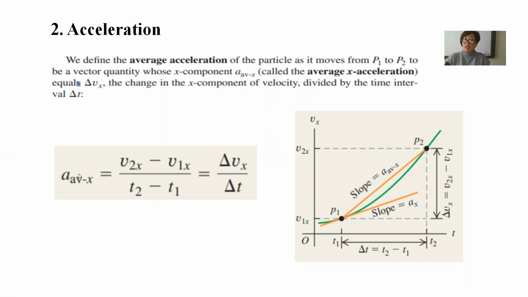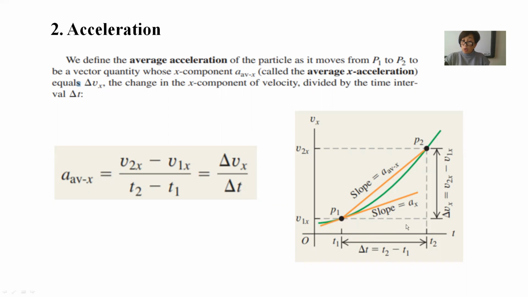The formula of the average acceleration is the change of the velocity divided by the time interval delta t.